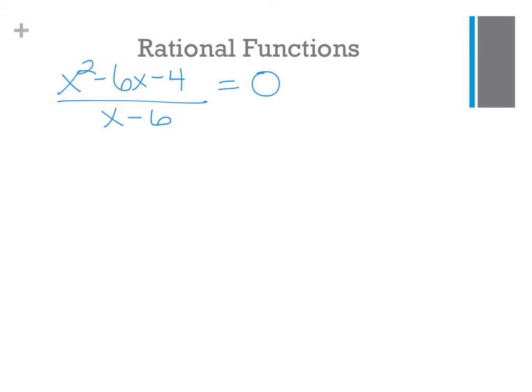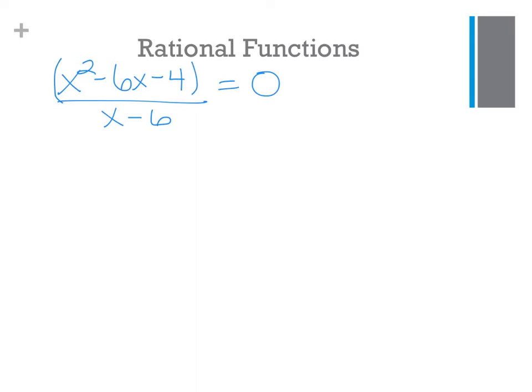So we have this fraction here that we need to solve, and to undo dividing by x minus 6, we would go ahead and multiply both sides by x minus 6.